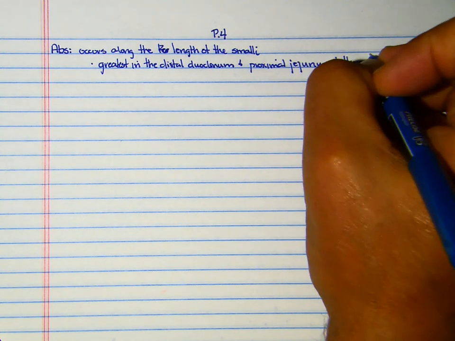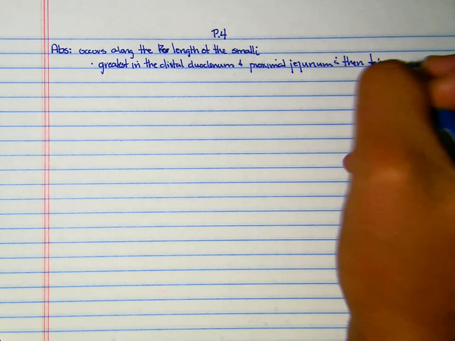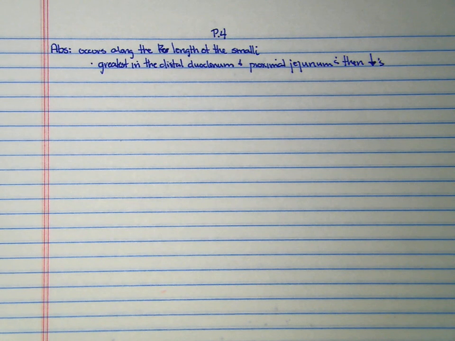Then it decreases. And the reason it's decreasing is we're beginning to run out of substrate, or running out of things to digest and absorb, and so we have decreased absorption of amino acids, dipeptides, and tripeptides.